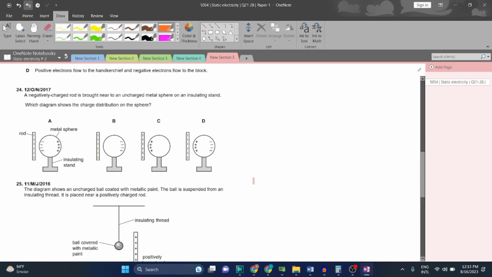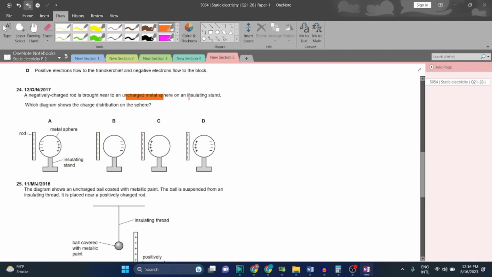Question 24. A negatively charged rod is brought near an uncharged metal sphere on an insulating stand. So this is a negatively charged rod, and it has been brought near an uncharged metal sphere. That means the amount of positive particles is equal to the amount of negative charges.